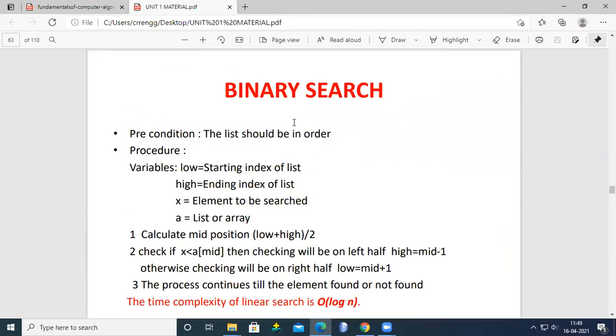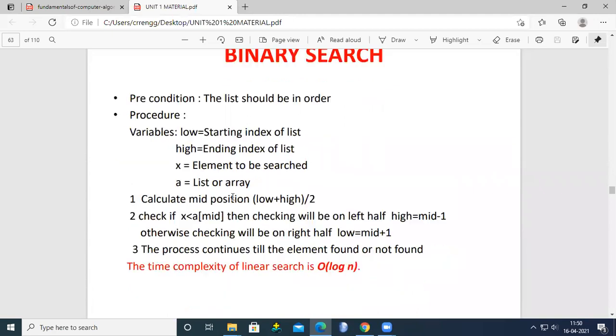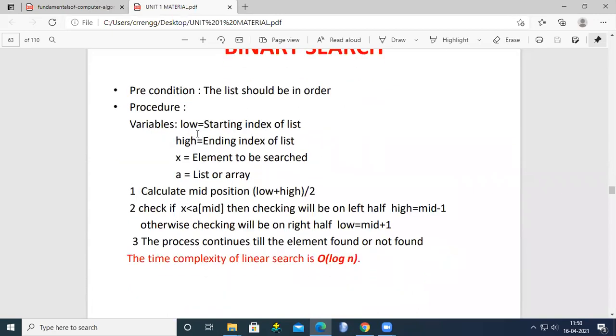When you consider binary search, this is a very important searching technique, but the precondition is that the elements should be in order. We take variables low and high: low is the starting index of the list and high is the ending index. X is the element to be searched, and A is the list or array.